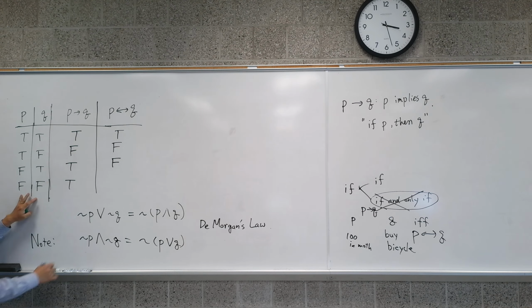False, false would be true. So in other words, this is like saying that P if and only if Q is when P and Q have exactly the same truth values. If they have different truth values, then P if and only if Q will evaluate to false.